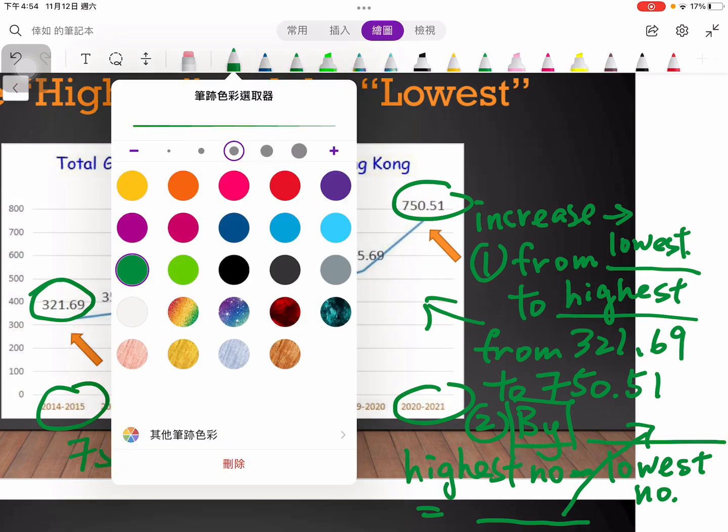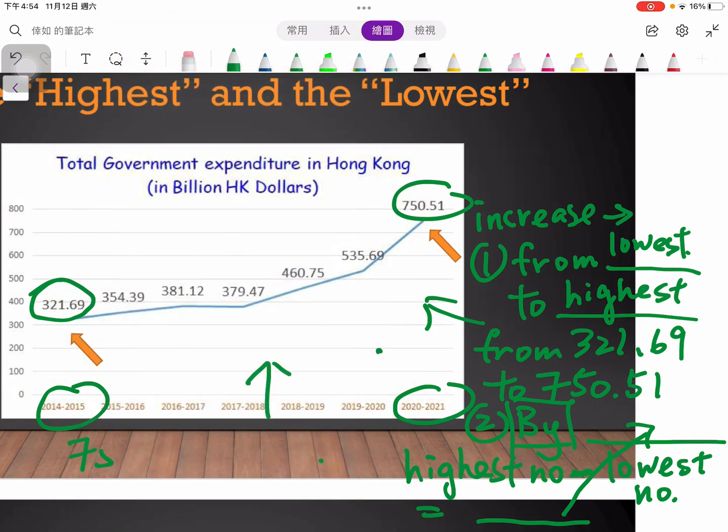So from this graph, that means you use the number 750.51 minus 321.69. So the answer should be 428.82.